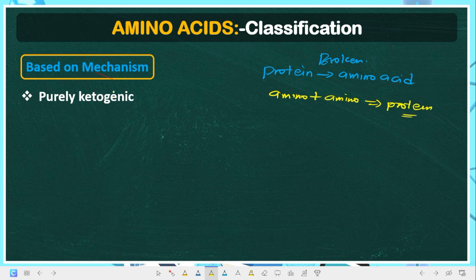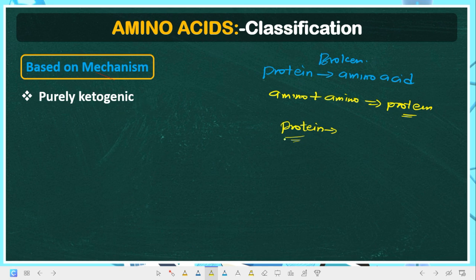Based on mechanism, we are talking about what is formed from the amino acids that combine to form that protein when the proteins are broken down. So based on the mechanism, if they are broken down, what pathway do they follow?